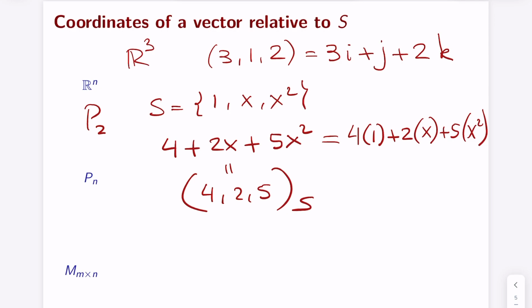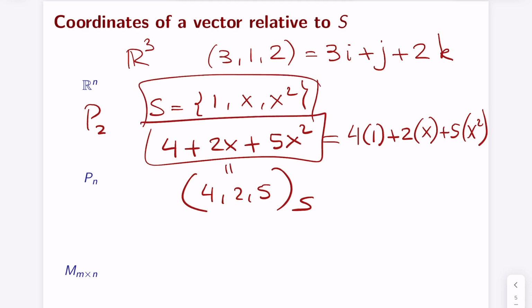So 4, 2, 5 is the same as this polynomial. And that gives you a hint of the translation of everything that we are doing now to actual polynomials in Rn, right? Because this looks very much like a vector in Rn, but it is the coordinates of a polynomial in the standard base of P2.